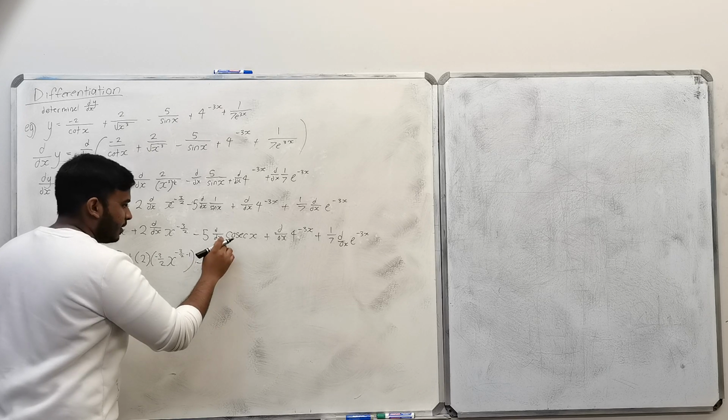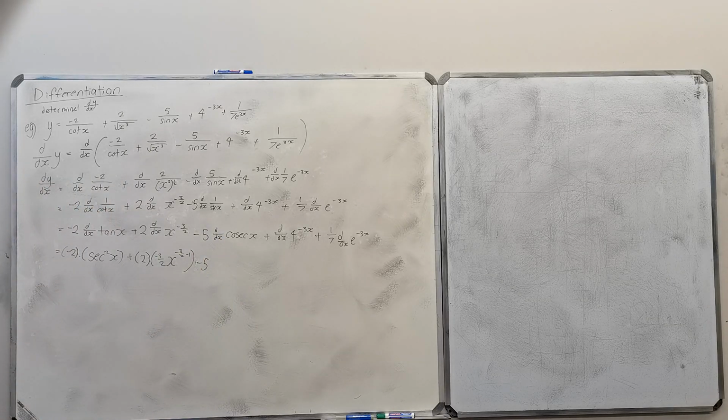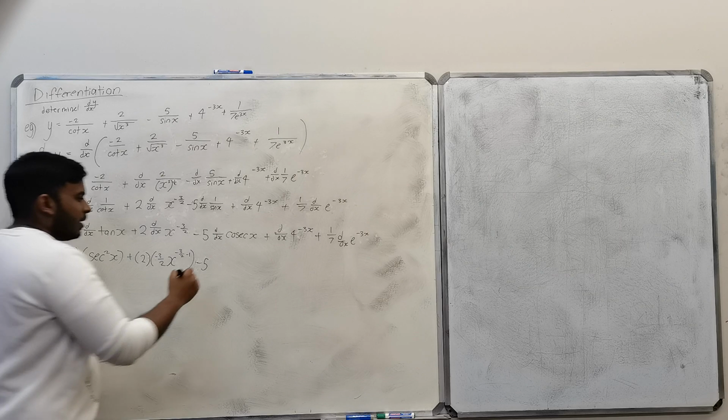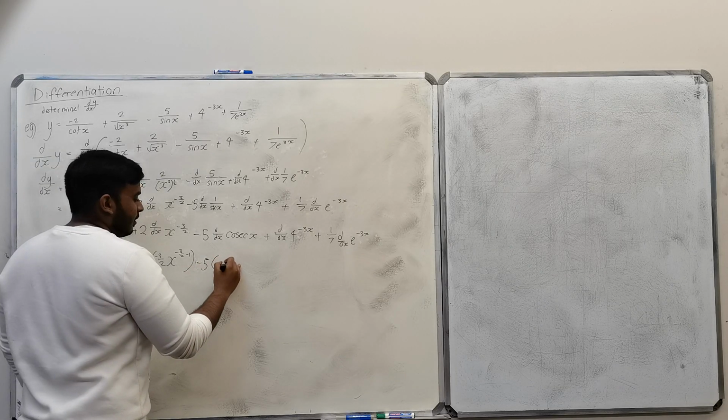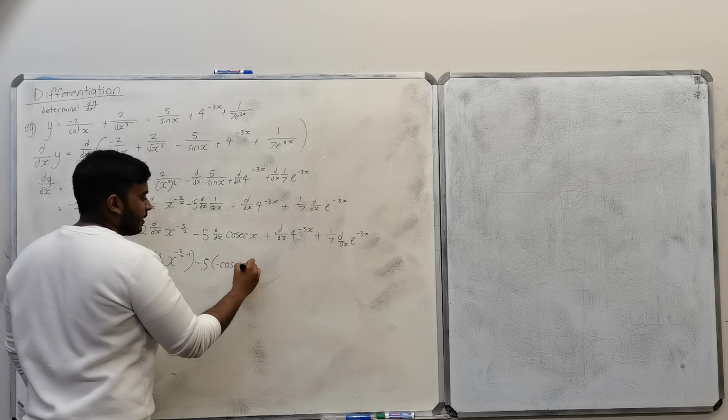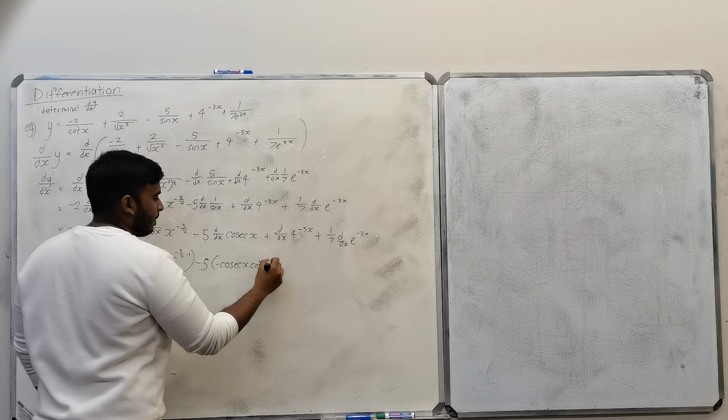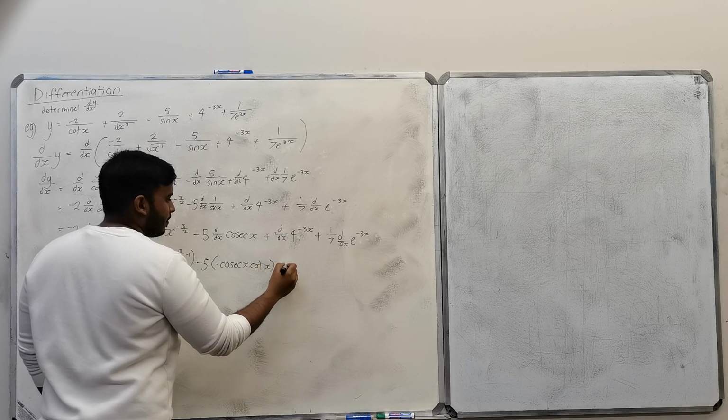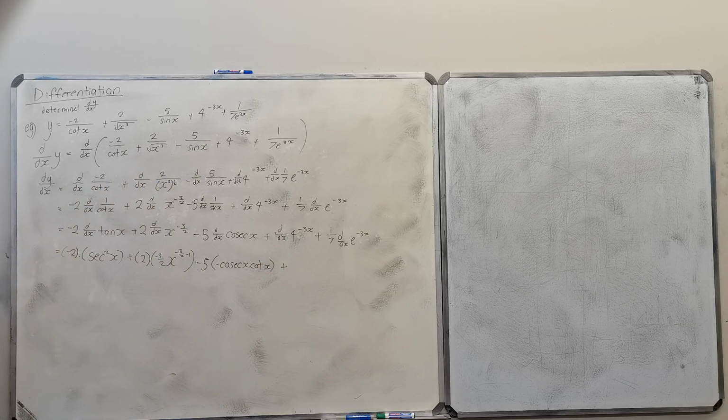Minus 5 d over dx of cosec x, negative cosec x times cot x. Rule number 14. Okay?